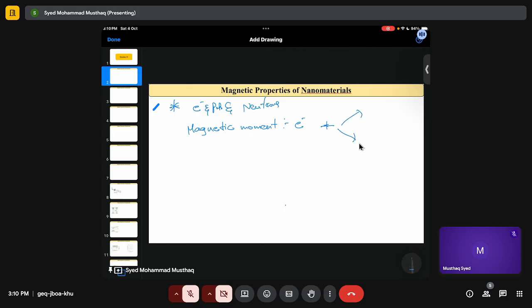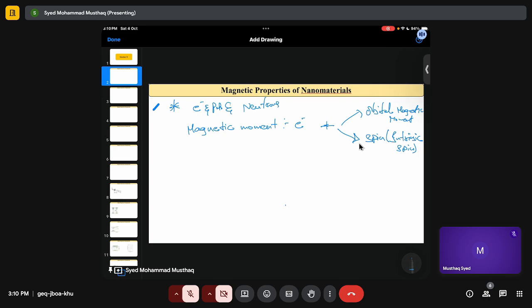One is from orbital, and another is from the spin, which is the intrinsic spin. Just like the earth moves around the sun, that is one motion, and the earth rotates around itself. That is another motion that we call intrinsic spin.